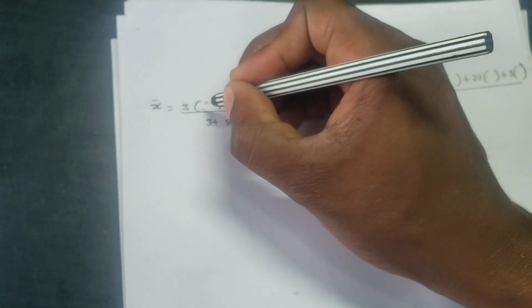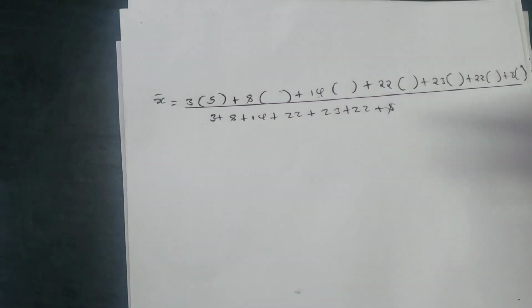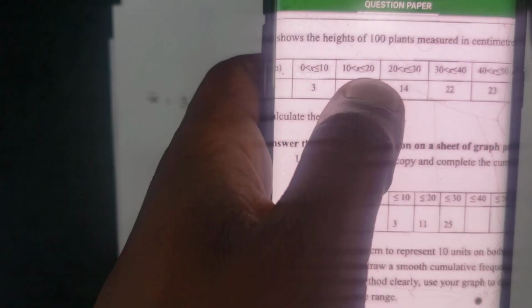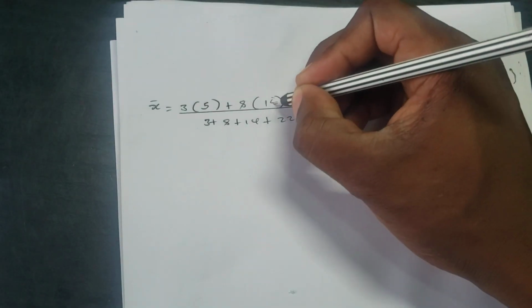We have 0 and 10. 0 plus 10 is 10, 10 divided by 2 is 5. So we put 5 right here. Then we come here: 10 plus 20 is 30, 30 divided by 2 is 15. We put 15 right there.